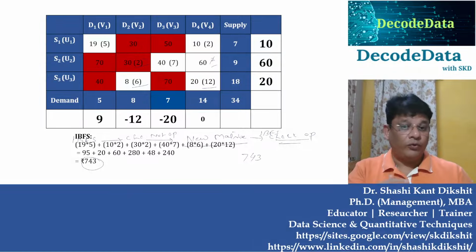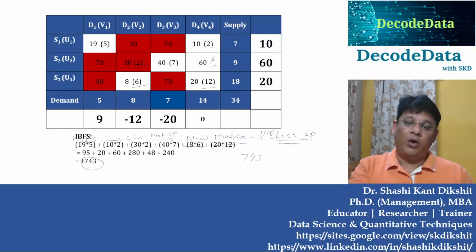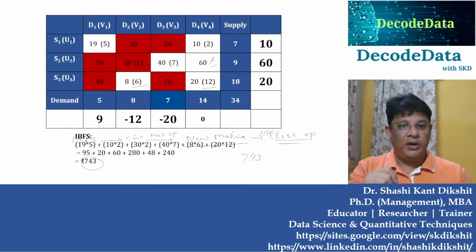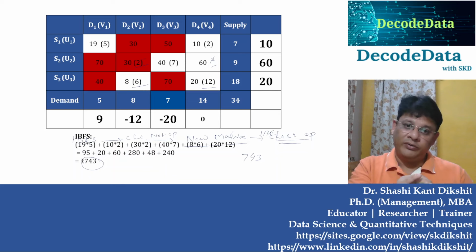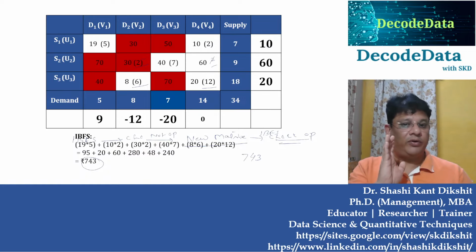Of course it is reduced from the previous one. This is clear. So now we have checked the optimality. Because the solution was not optimum, we created a new matrix, and after the new matrix again we have calculated the IBFS, that is 743.